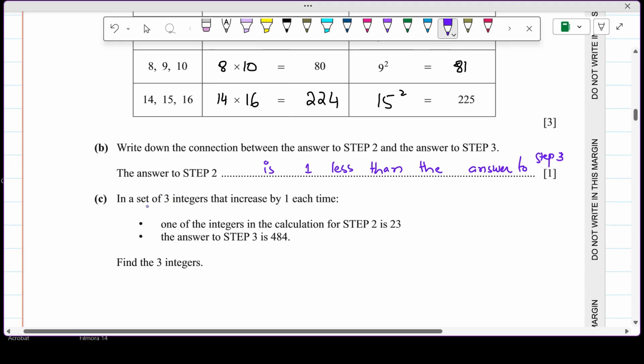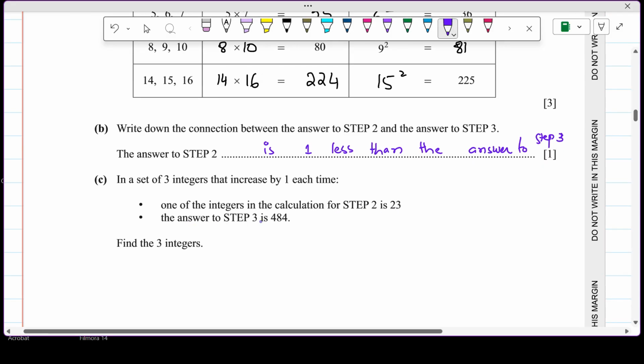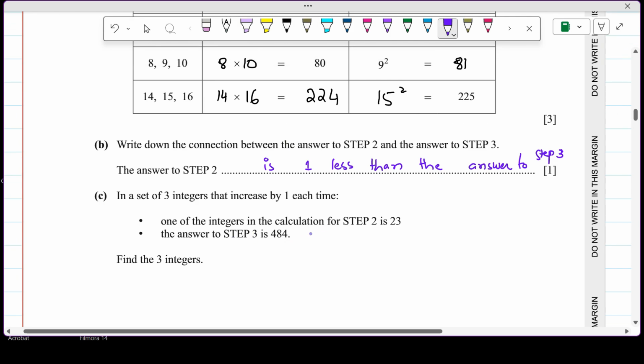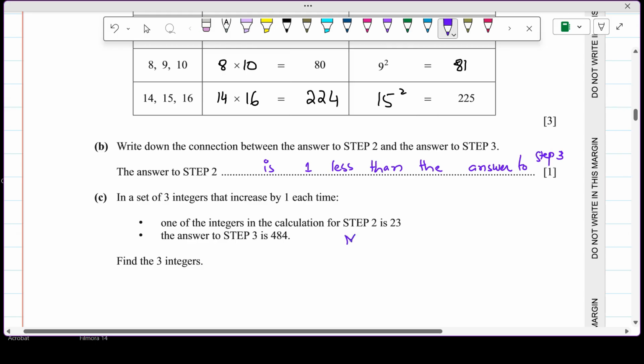Part C, in the set of 3 integers that increase by 1 each time, one of the integers in the calculation for step 2 is 23. The answer in step 3 is 484. In step 3, we take the middle integer and square it. So the middle integer is equal to the square root of the answer to step 3, which is 484.